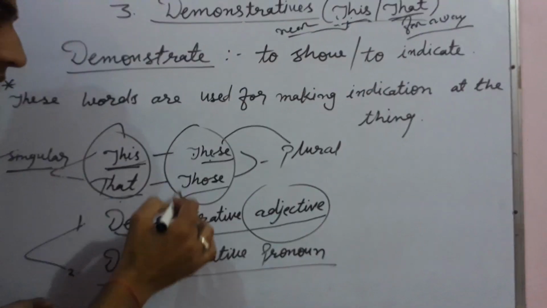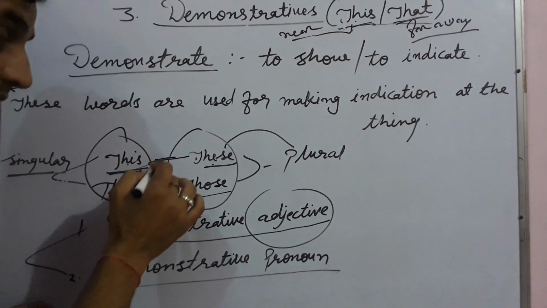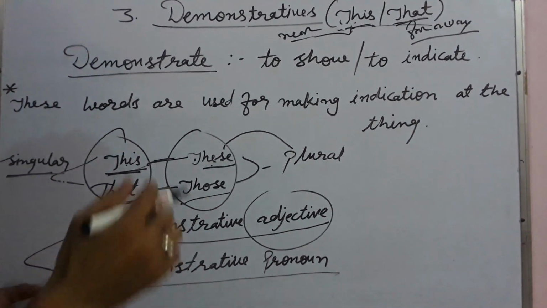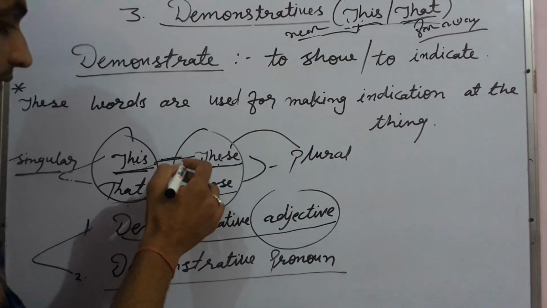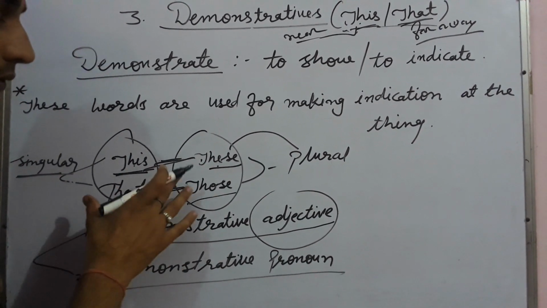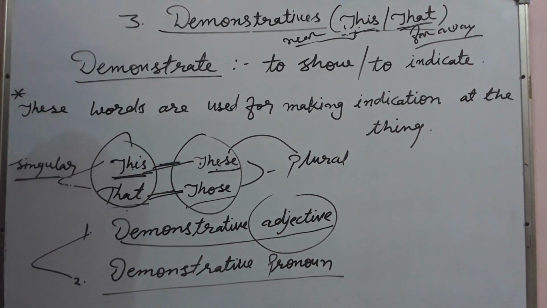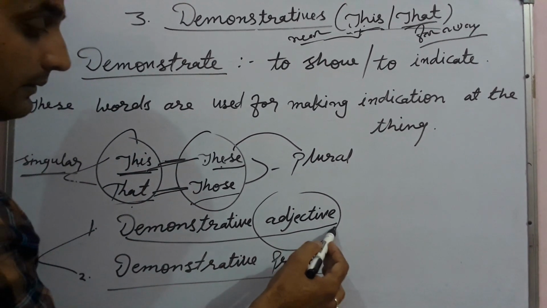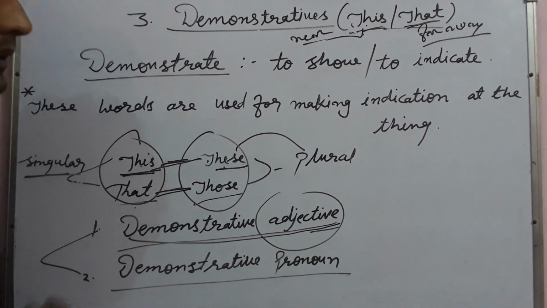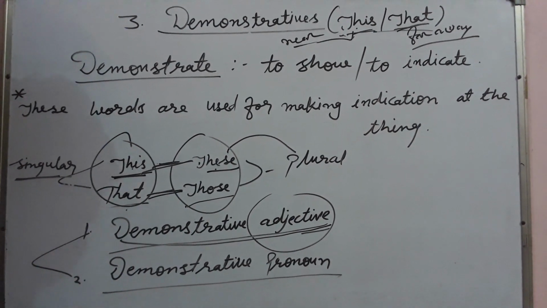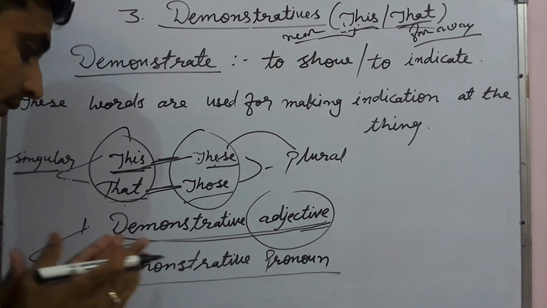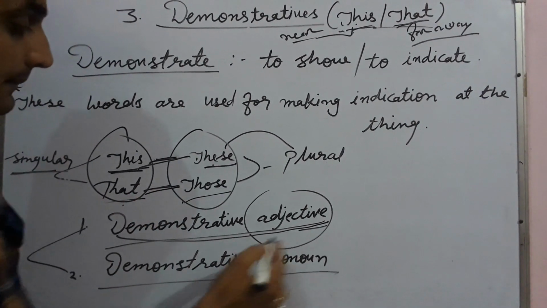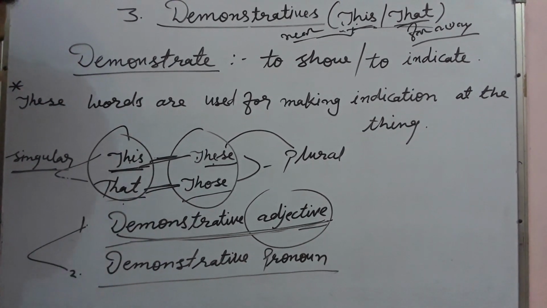If these four words are followed by a noun, then we will say these are demonstrative adjectives.